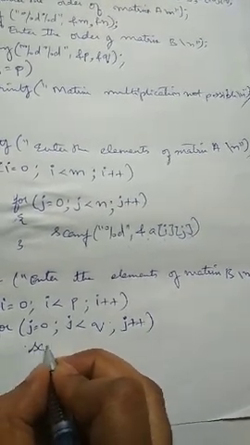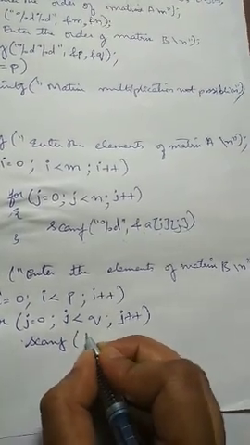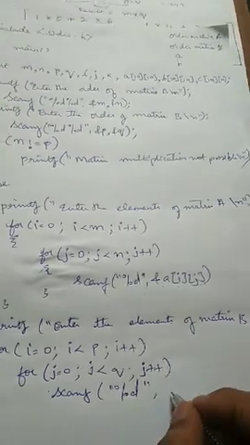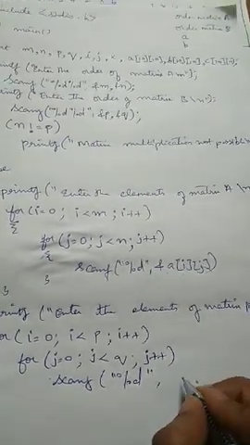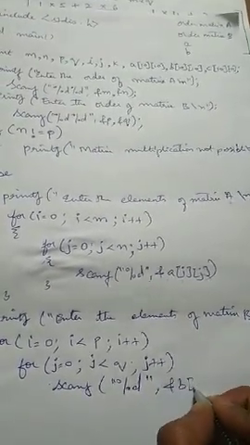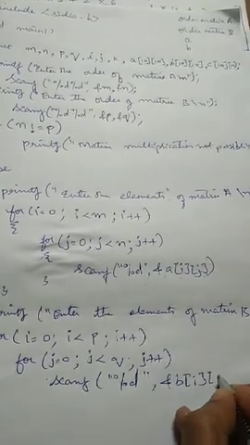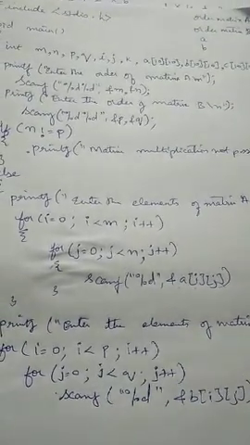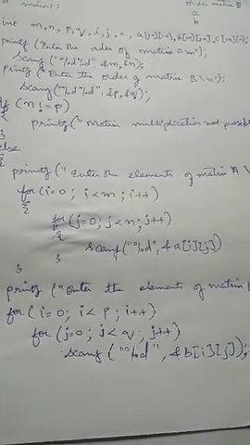scanf, percentage d. Okay. And then what is it? Ampersand B of ij. So like this we are going to read the matrix A and B. Now the computation part.